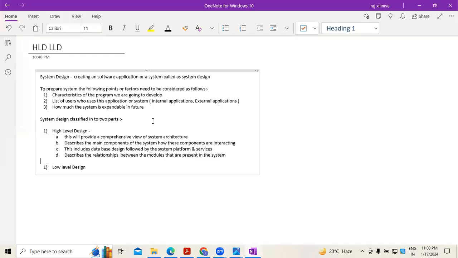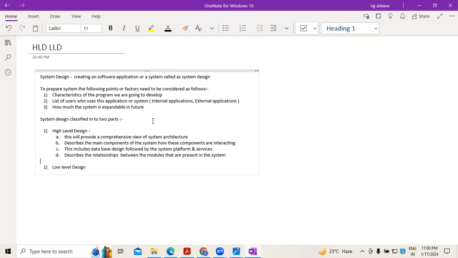So understanding the characteristics of a system, on a high level note, underline this point, is what the high level design is created for, right?